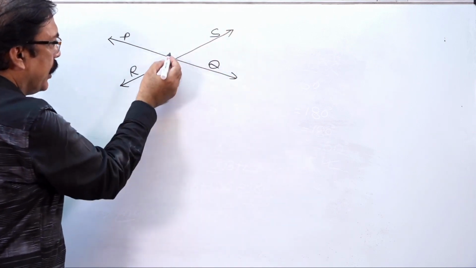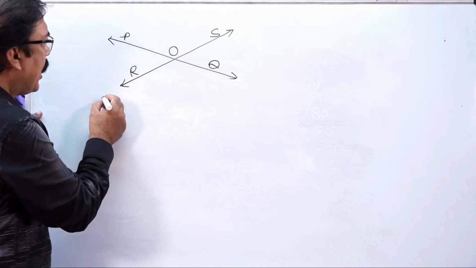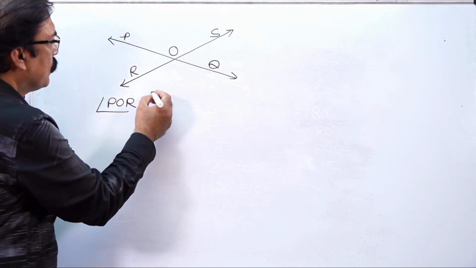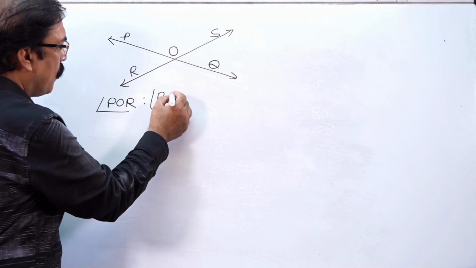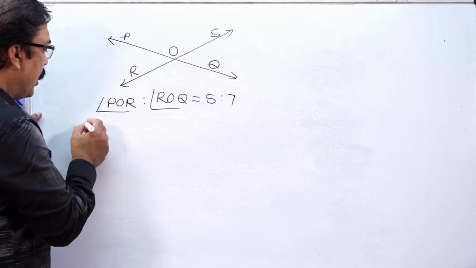Let them intersect at point O. Given that POR is to ROQ is equal to 5:7.